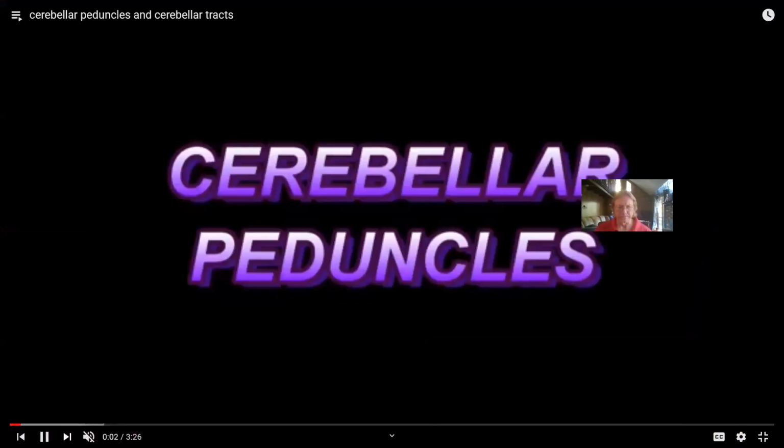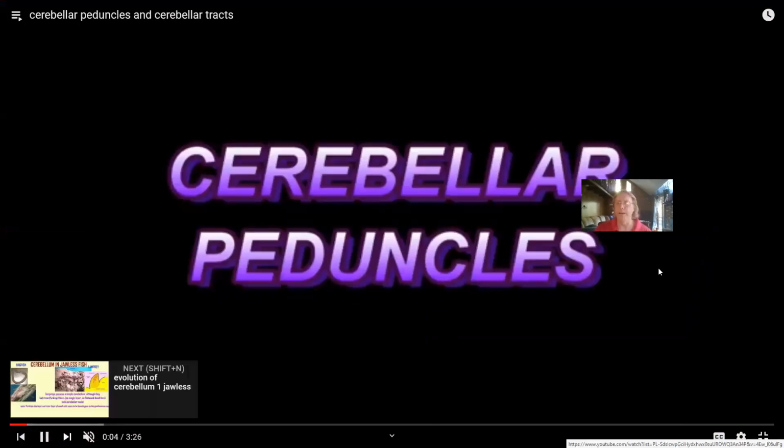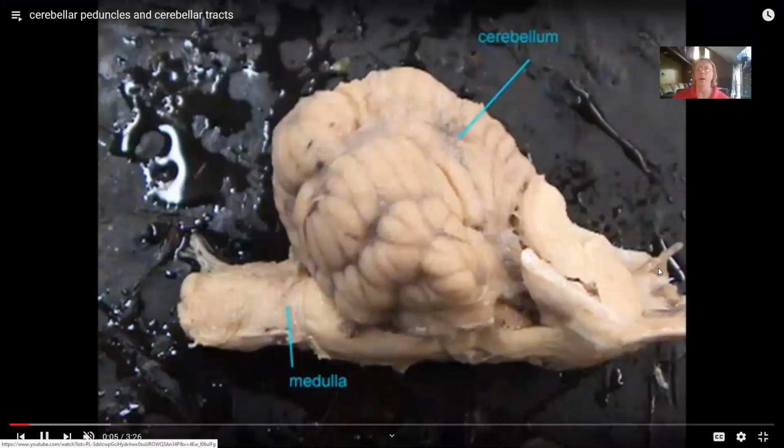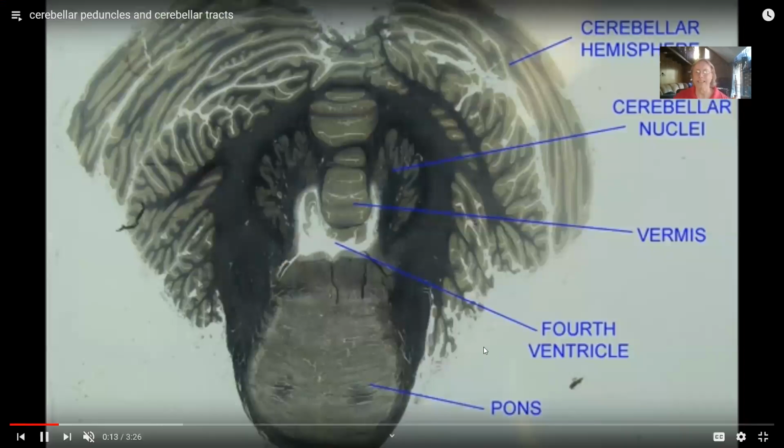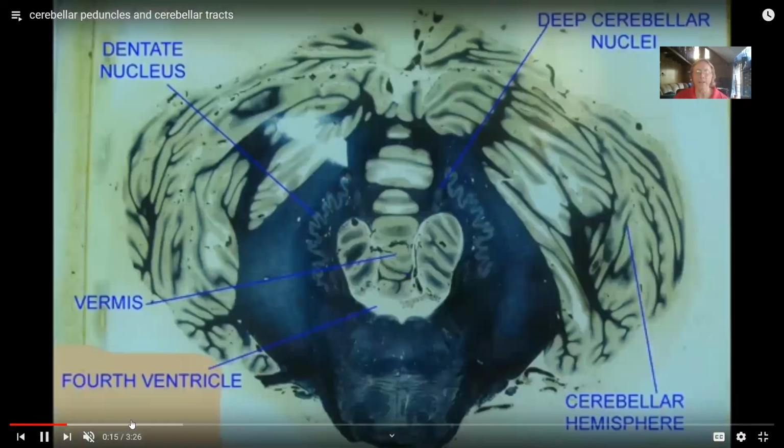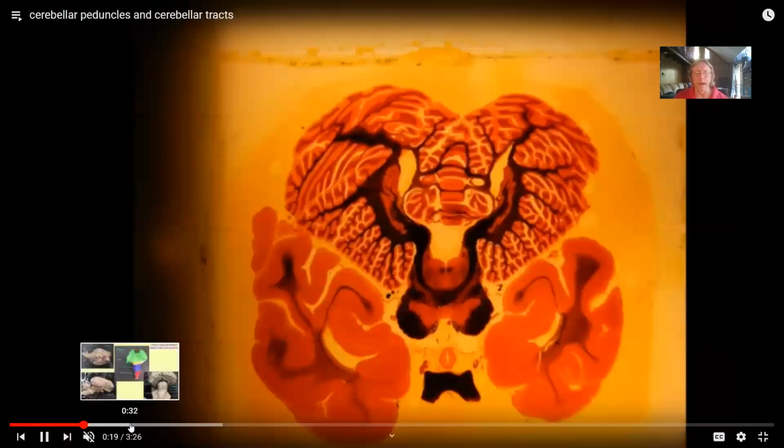Finally, the cerebellum is obviously connected to other regions of the brain, and where the white matter tracts reach the cerebellum, there are what are known as cerebellar peduncles, which connect the cerebellum to other regions of the brain.